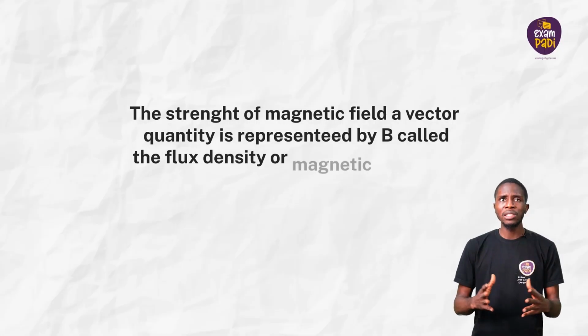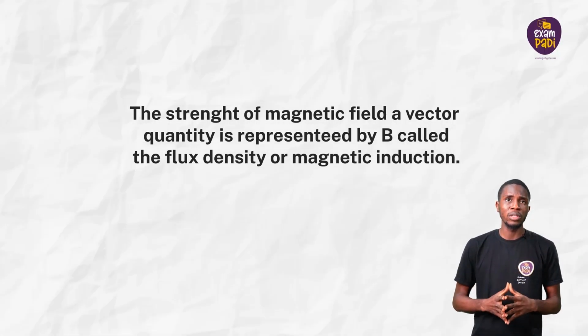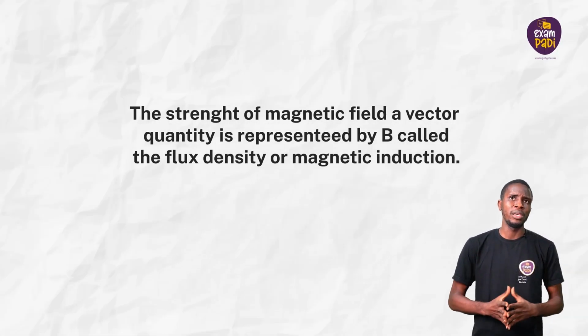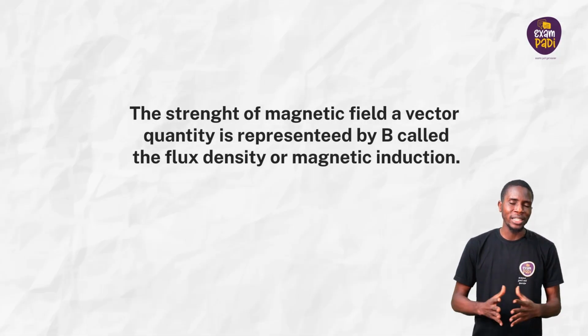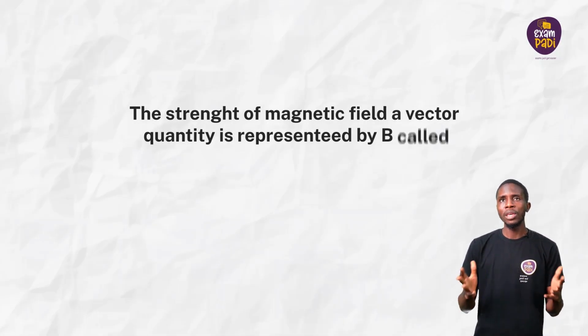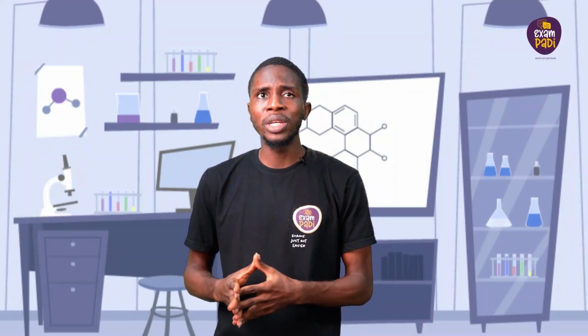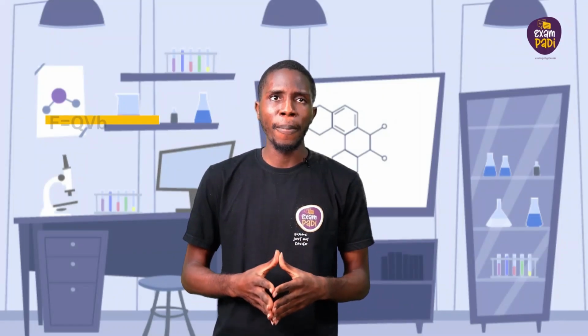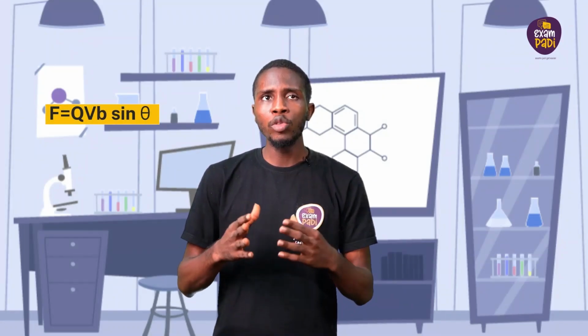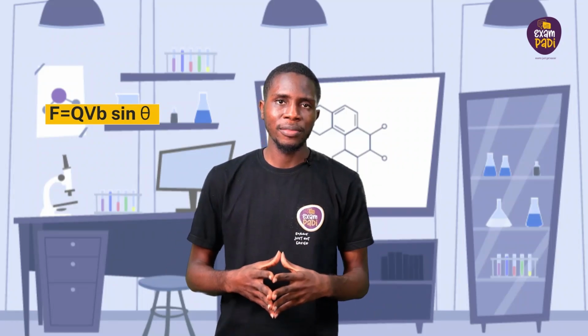The strength of magnetic field, a vector quantity, is represented by B, called the flux density or magnetic induction. If theta is the angle between the magnetic field direction and the direction of motion of the charges, then the force F on the charge is given by F equals QVB sin theta.